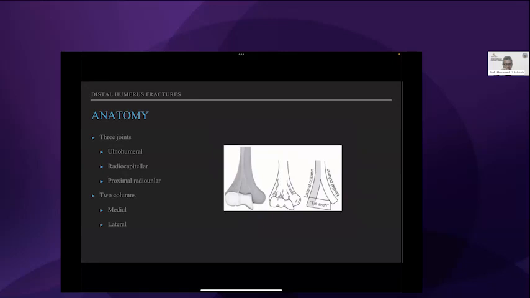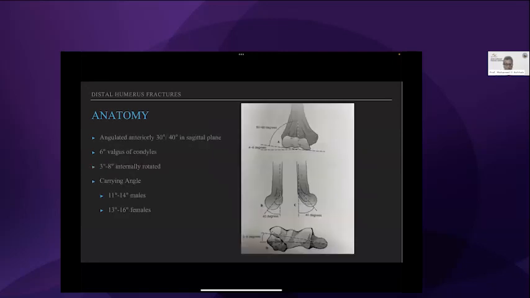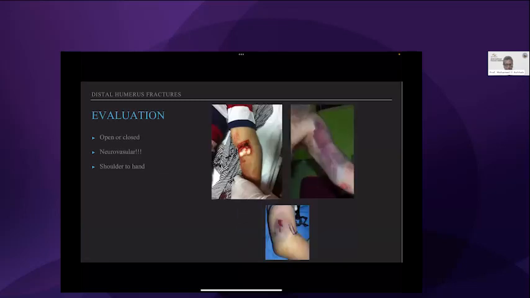They are tied together by the articular fragment like a tie arch. The articular segment of the distal humerus is anteriorly angulated around 30 to 40 degrees, with a valgus of 6 to 8 degrees, and internally rotated about 3 to 8 degrees.